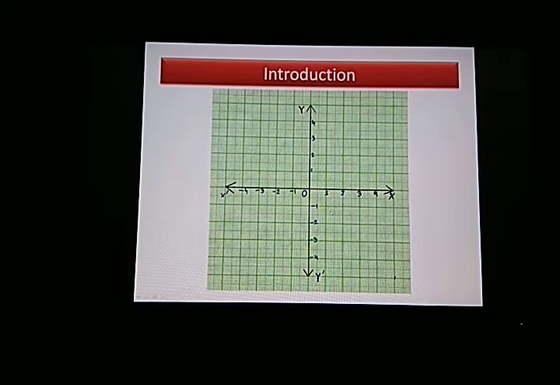Now we can further divide the x-axis and the y-axis into positive and negative sides. That is the positive x-axis and the negative x-axis, the positive y-axis and the negative y-axis. As a result, you can see some numbers are written negative while some are written positive.